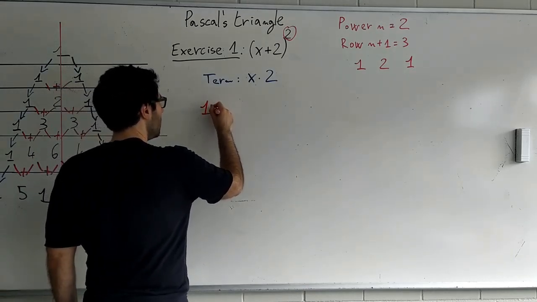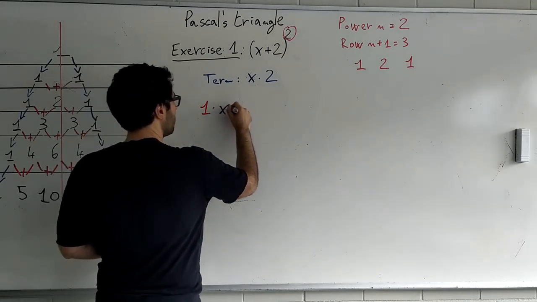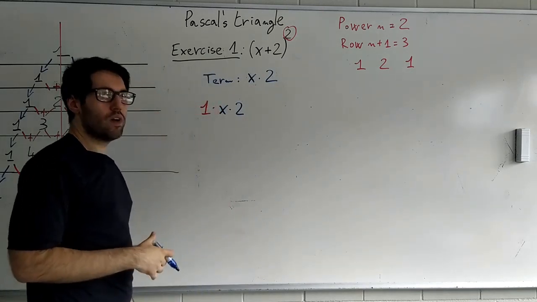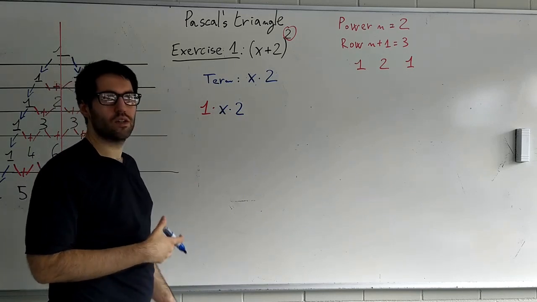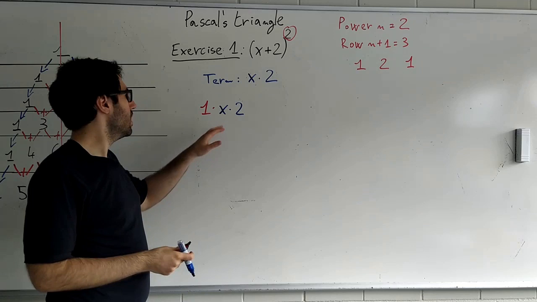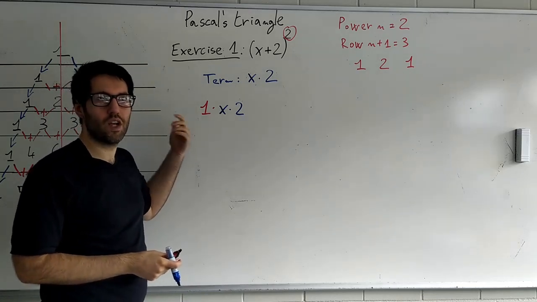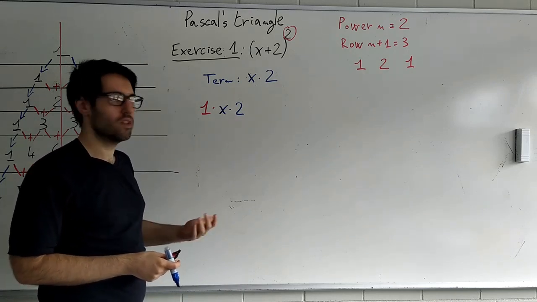So 1, which multiplies the term we calculated here, x and 2. Now we have to assign exponents to both x and 2. It is a bit of a rule that the first term is going to get the highest exponent available, while the other is going to have the lowest instead.